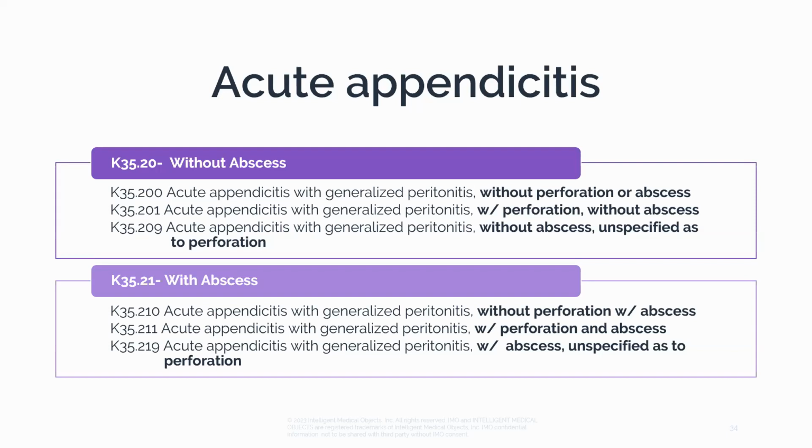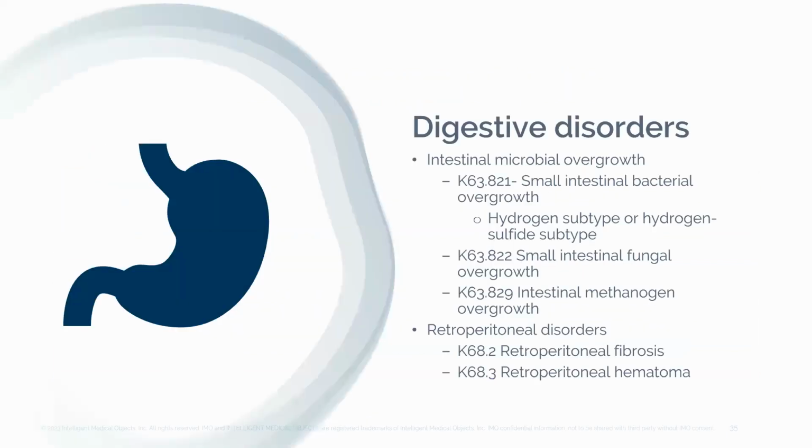Continuing on with digestive disorders, we will look next at intestinal microbial overgrowth. Intestinal microbial overgrowth results from overpopulation of bacteria, pathogens, or fungi in the intestines. There are different diseases which include small intestinal bacterial overgrowth, SIBO, intestinal pathogen overgrowth, and small intestinal fungal overgrowth, or SIFO.